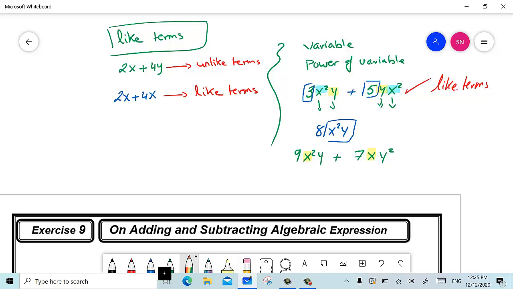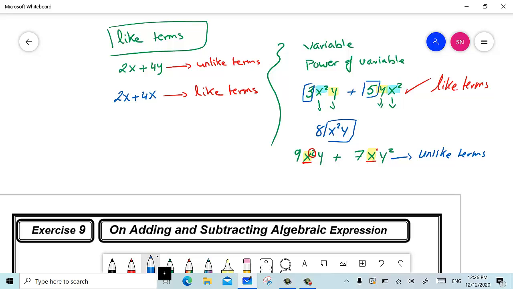But keep in mind that here the variable x has the power of 2, and here the variable x is to the power of 1. So the variable x here is not like the variable x here. So I can say that those terms are unlike terms. And since they are unlike terms, I cannot add them or subtract them together.